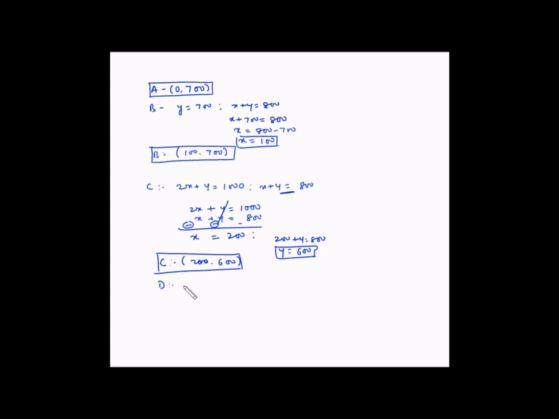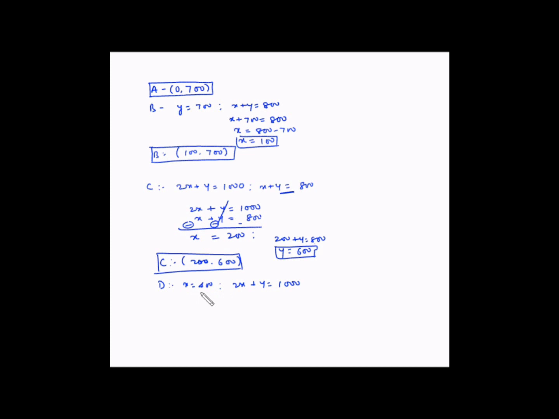For D, we need to solve x is equal to 400 and 2x plus y is equal to 1000. Now I hope you're clear as to why I'm saying we need to solve these two equations, because point D lies at the intersection of these two lines represented by these two equations.